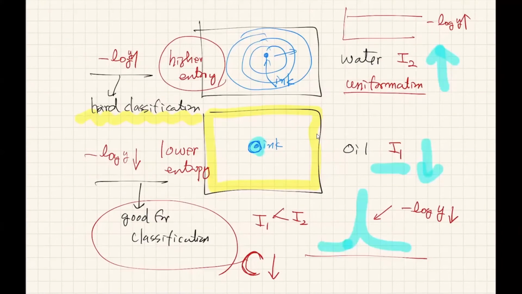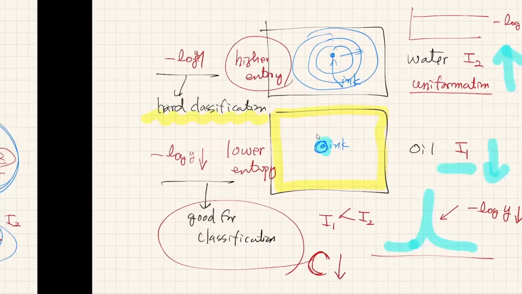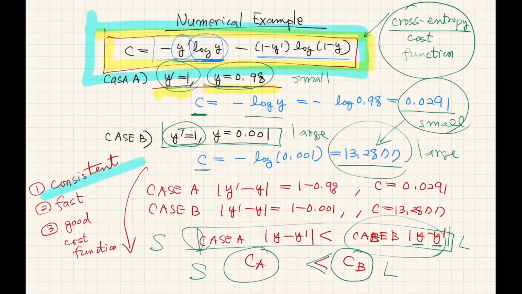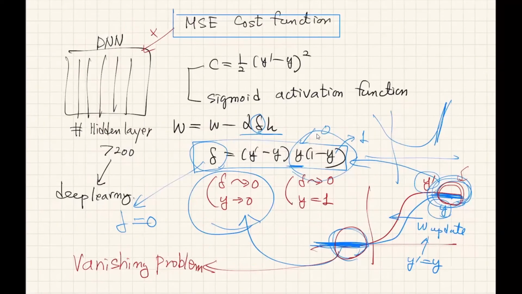With that concept in your mind, I would say that is why we are choosing this cross entropy cost function. The second reason is that it is very consistent because of its derivative properties. And especially when it is near 0 or 1, it has very fast training and the gradient is not vanishing. Those are the basic properties of the cross entropy cost function.